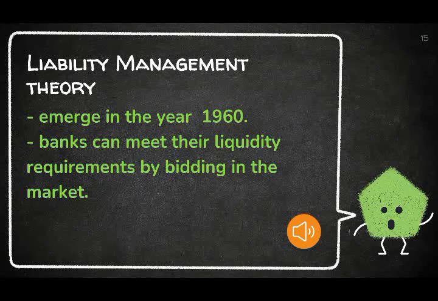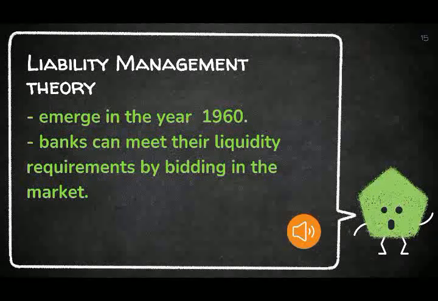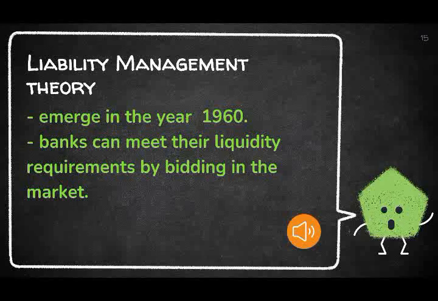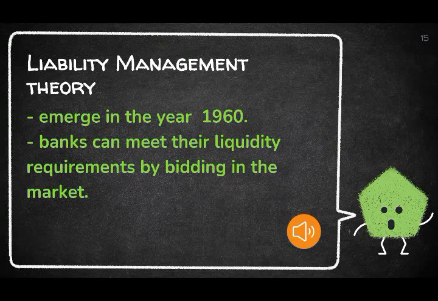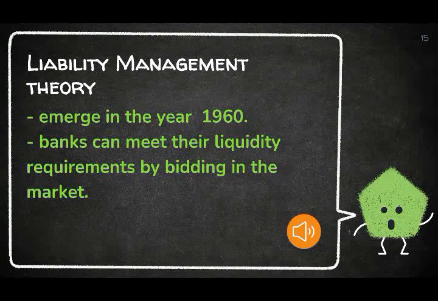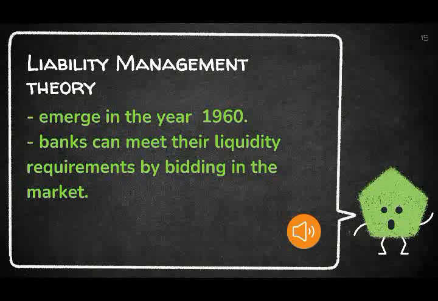There is no need for a bank to follow all liquidity norms like maintaining liquid assets and liquid investments. For as long as they bid in the market, they will be able to meet the loan demand and deposit withdrawals.